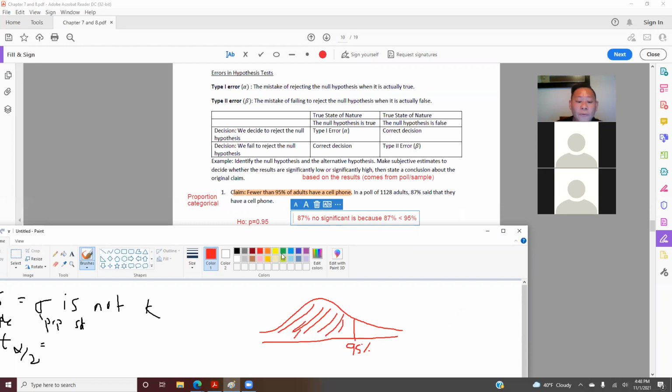If your number falls inside this range, this is called no significant. If your number falls in this range, this is called significantly high. This one has no significantly low, because it's only one-sided. So 87 is right over here, somewhere around 87%. That's the reason why this is no significant in this case.